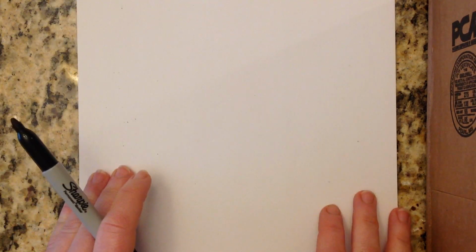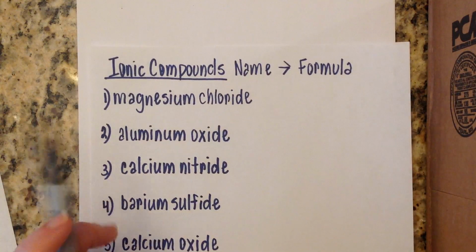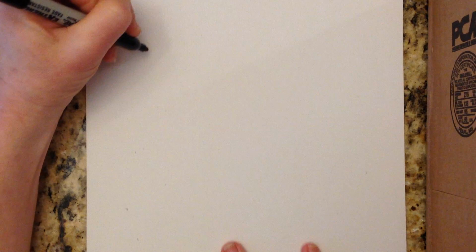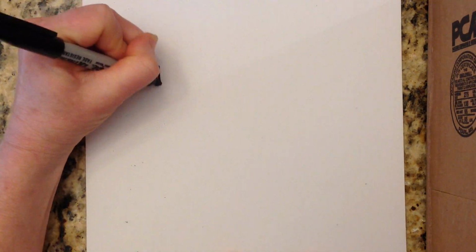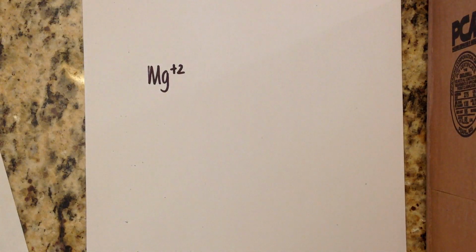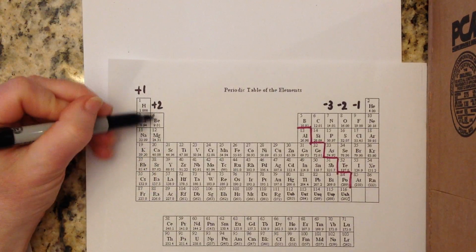So that said, I do want to show you something real quickly before I start getting into these formulas. I'm going to look at this first one. We're going to be working with magnesium chloride first, but before I officially do these, I just want to show you something. We know that magnesium has a +2 charge, and that's because it is in column 2 right here of the periodic table.